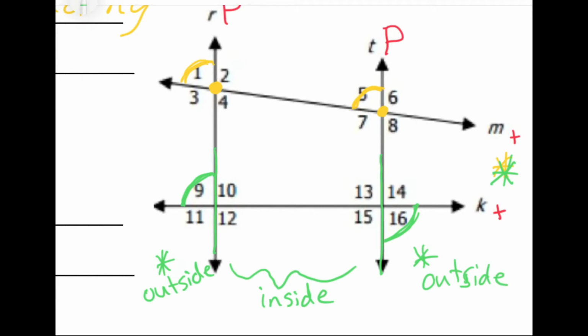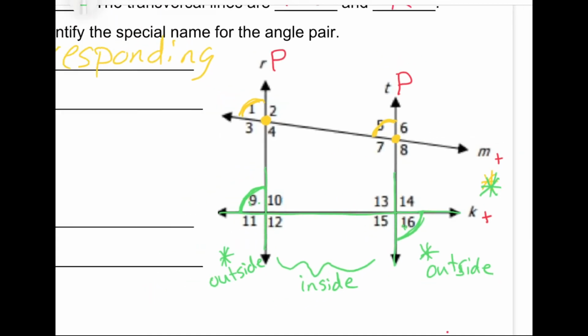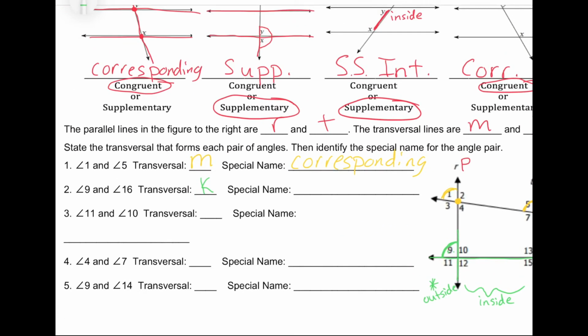So obviously angle 9 and angle 16 are on the outside, so we're looking at exterior. And because our transversal is that line K, we are on opposite sides of that transversal. So we're going to do alternate exterior angles. So that is going to be number 2. And you can abbreviate. So there's an example of 1 through 5.